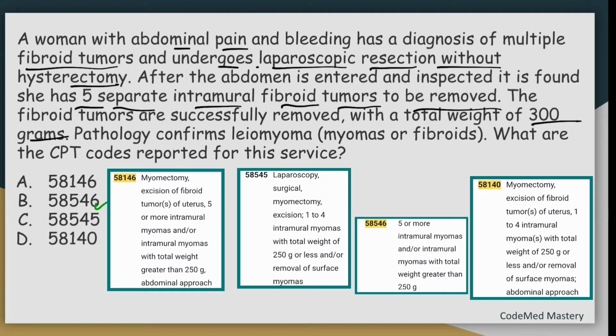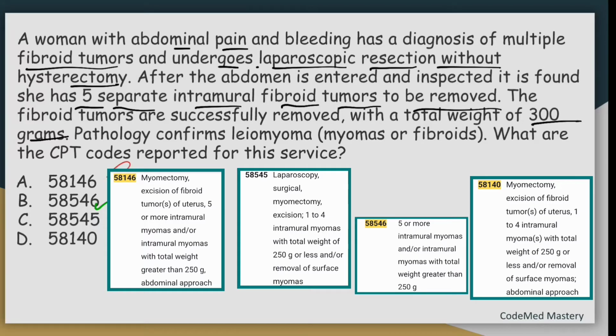Option A, 58146, is for myomectomy excision of fibroid tumors, 5 or more intramural myomas with total weight greater than 250 gram. But in the scenario, it is a laparoscopic procedure, and 58146 is not for a laparoscopy procedure.